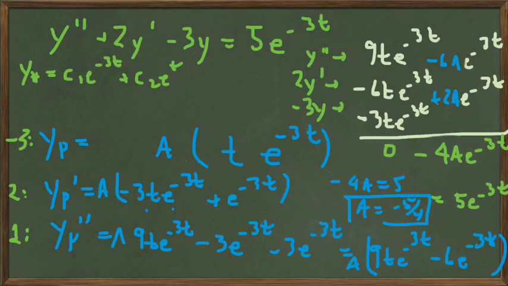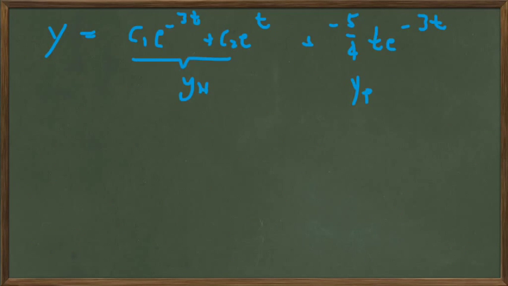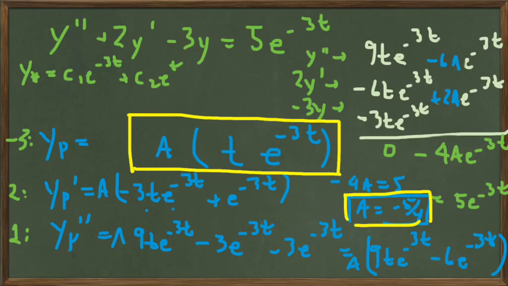Because, as we saw, our yp had to have this structure to it, and so we had to find that a, which we found was minus 5/4. And then the general structure is yh plus yp. So you can see finding the undetermined coefficients can be fairly complicated. Finding the derivatives, combining the derivatives together, and solving is not that simple a task.